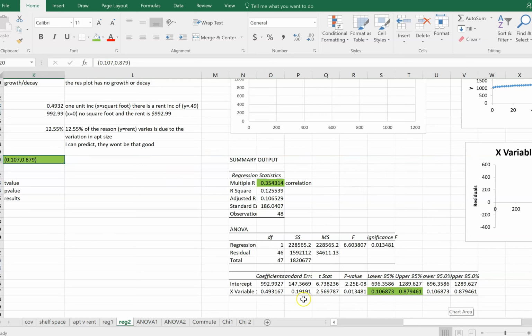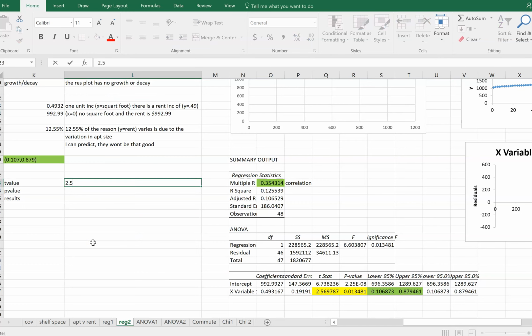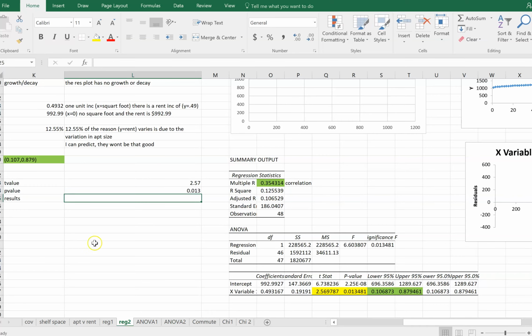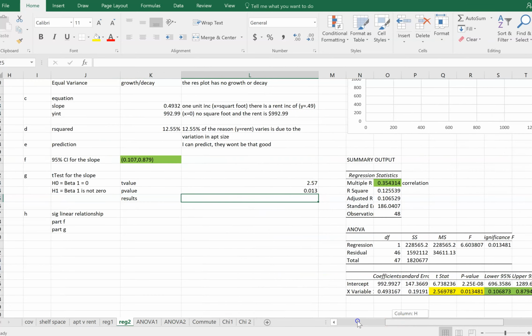By the way, my next question involves hypothesis testing, and there's my hypothesis testing numbers. My t-value is right there, 2.57. My p-value is 0.013. All right, I will discuss all these now.